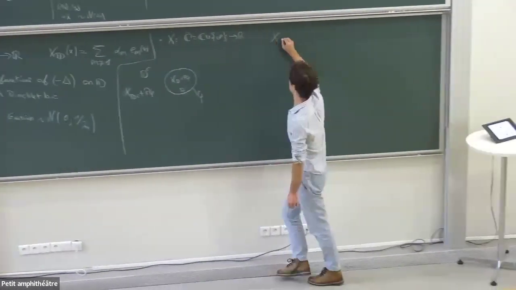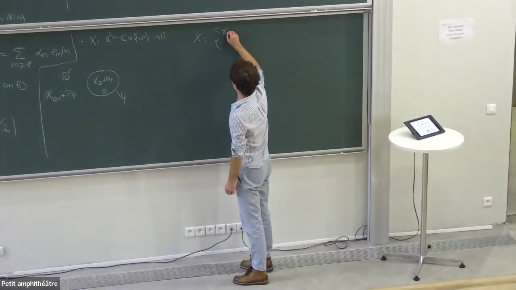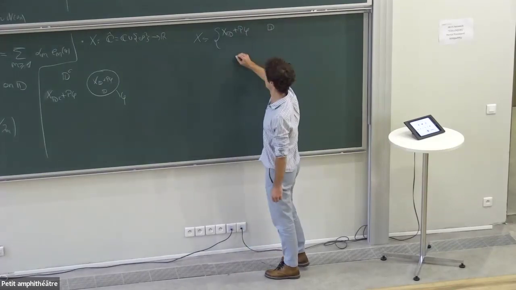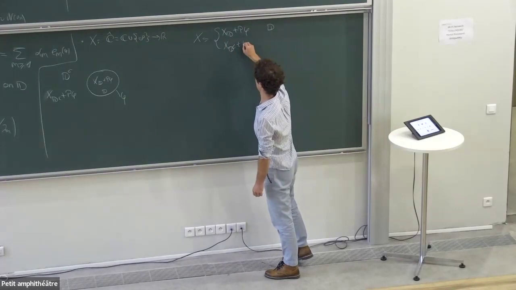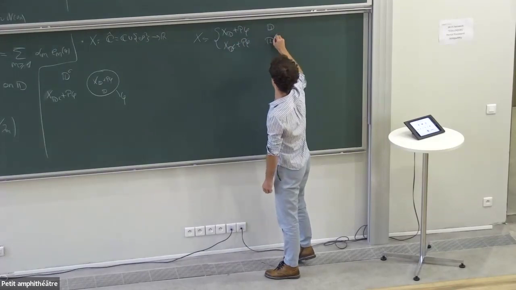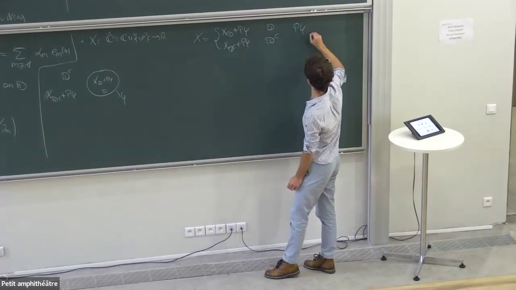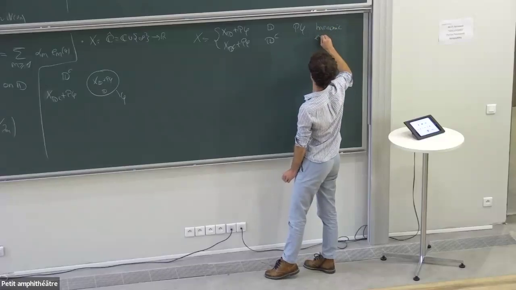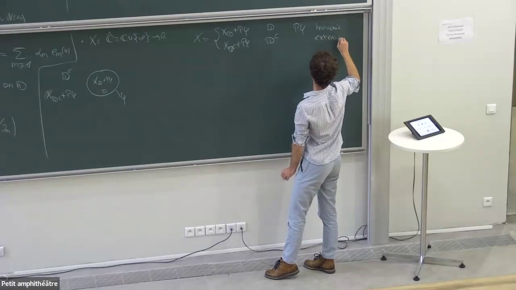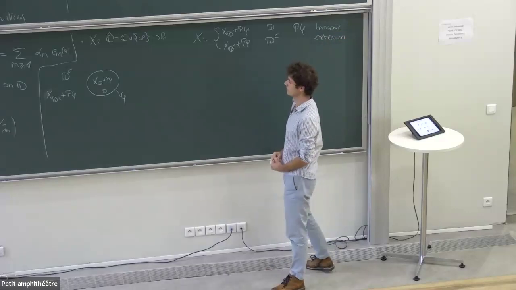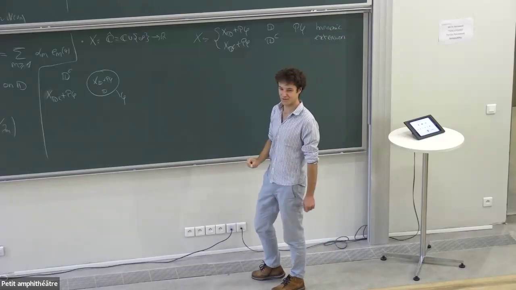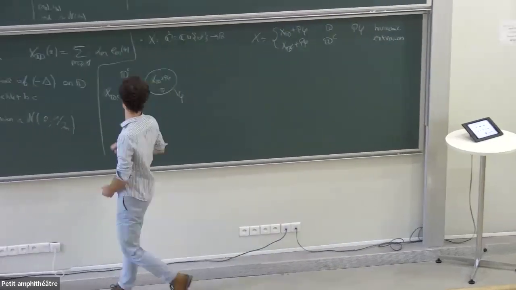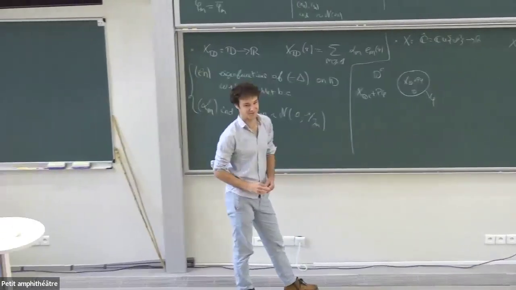So I can define the Riemann sphere field by saying it is this on the disk, and on the complement, where Pφ is the harmonic extension. So this is all the randomness that I will use, I think, during this talk. There will be no more randomness apart from this.